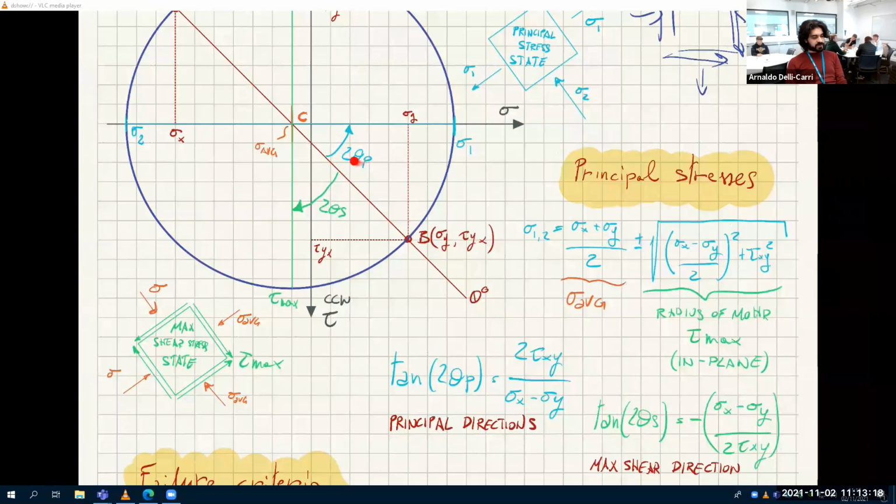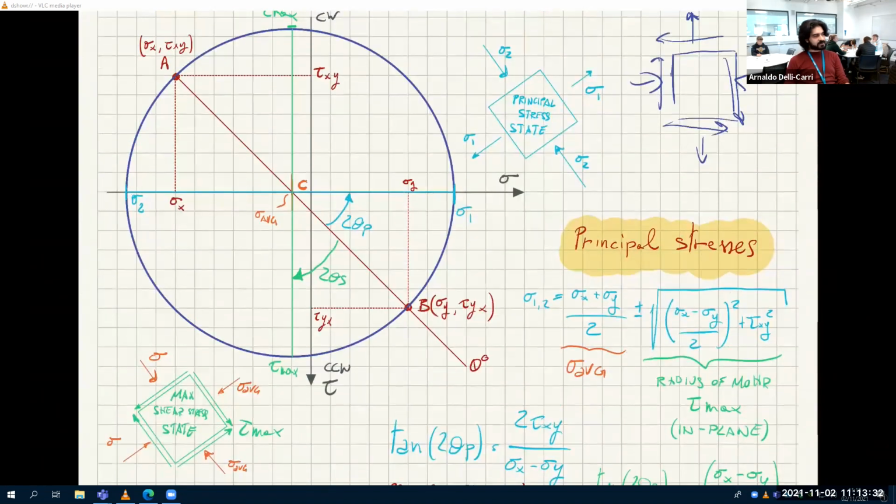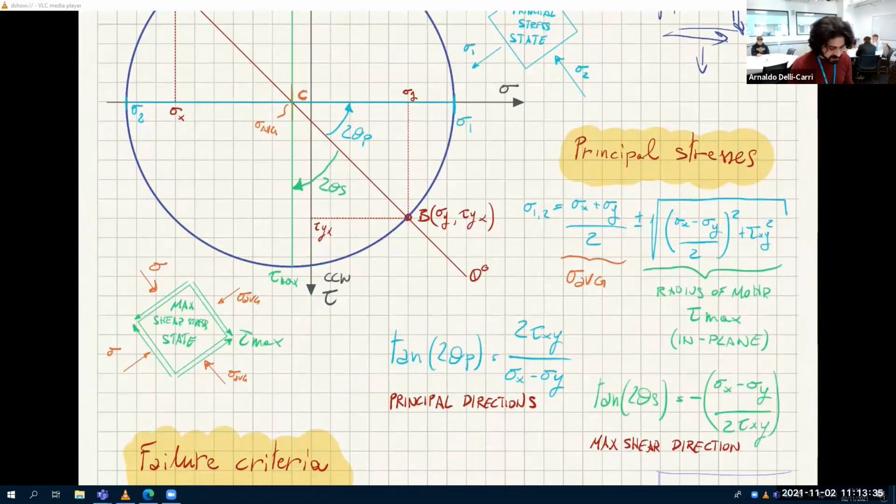Let's look at the directions. So this is 2 theta p, 2 theta s. By how many degrees do I have to rotate this line in order to reach sigma 1? So how much do I have to rotate the infinitesimal element in order to reach this special stress state? Well, I told you that this is the radius. This thing is this radius here.